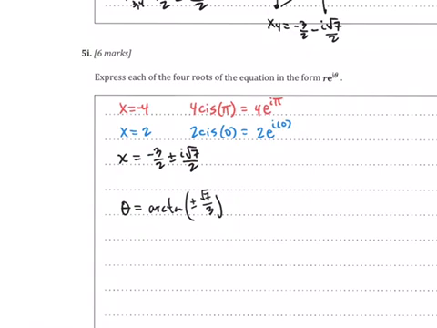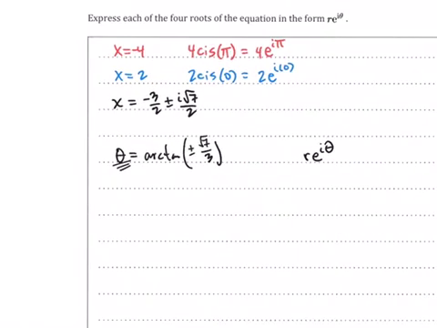All right, so now what we have is r e to the i theta. I know what my theta values are. All that I need to now know is what r equals. Once I know what r equals, I can put both of these values into that r e to the i theta form. So I'm going to sketch negative 3 over 2, root 7 over 2, and what I know will be true is both of these modulus will be the same length, right?